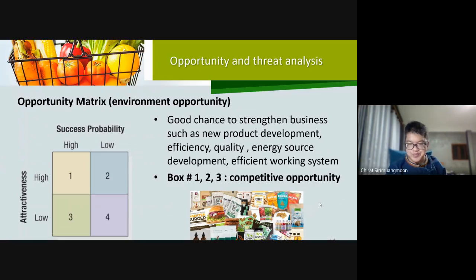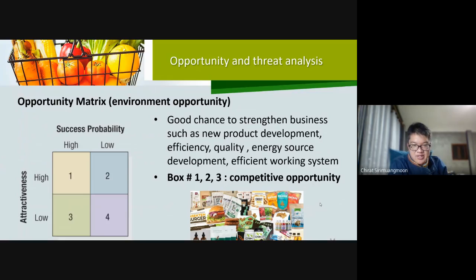For example, you have new products, efficient good quality products, or energy source development, where you can use natural gas or another resource that can reduce the cost. That is an opportunity. Or you create an efficient working system, like you can work faster than you ever have. So let's see. We have success probability again and attractiveness.